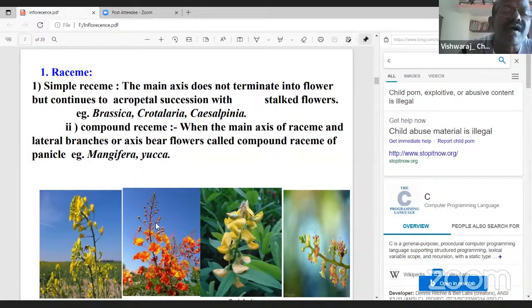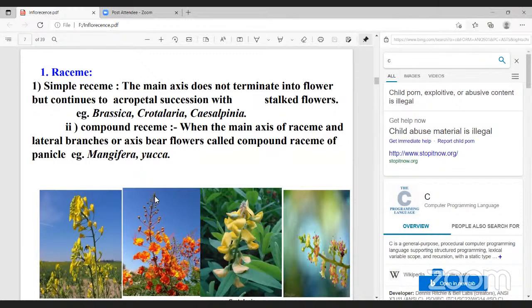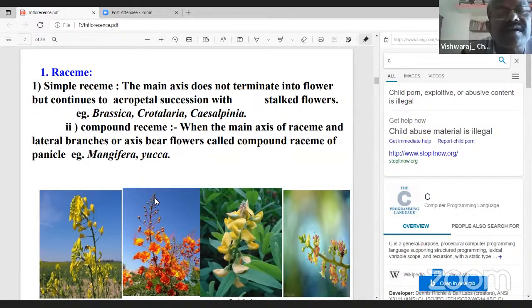On this peduncle, a number of pedicels are present. Here is the racemose character: the apical buds are immature, but the lower or basal flowers are fully mature.